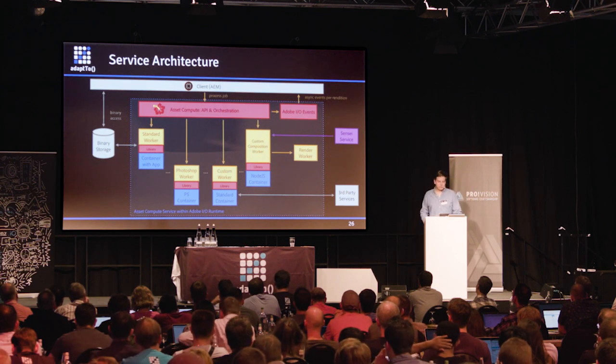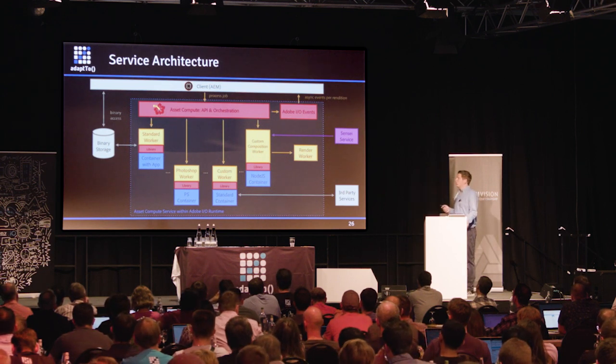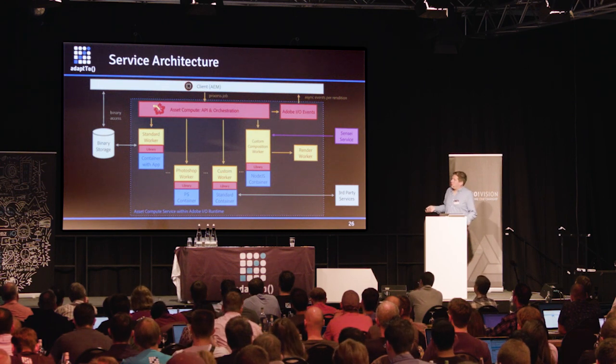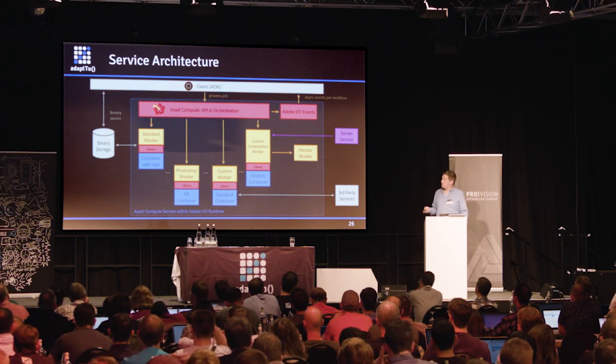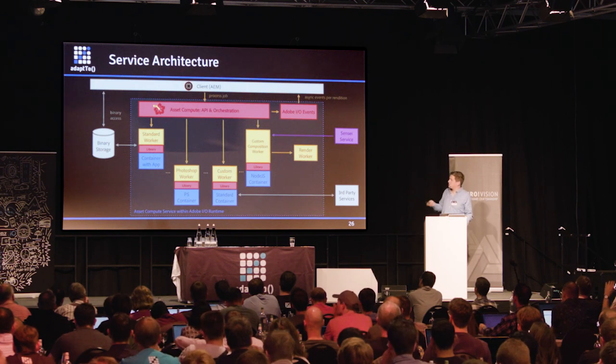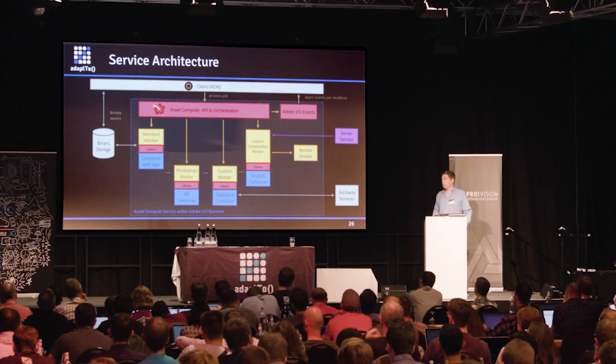So this is the service architecture. At the top, you see a client like AEM that makes a request to process a job to the service. The service is the blue dotted box; that's all the parts of the service. On the left-hand side, there's the binary storage, which I showed before, where we reference them, and each component will access them when needed.